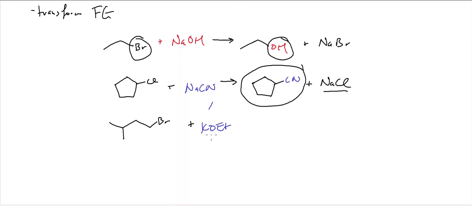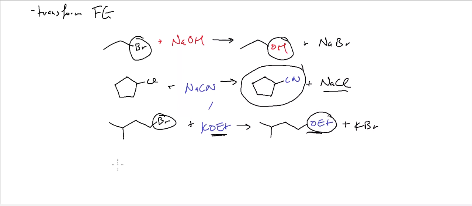So again, this OEt is going to be our nucleophile here. We'd end up with the transformation of converting the alkyl bromide into the ether in this case, and we'd be left with KBr. So we've substituted it with OEt, and this functionality here is called an ether.